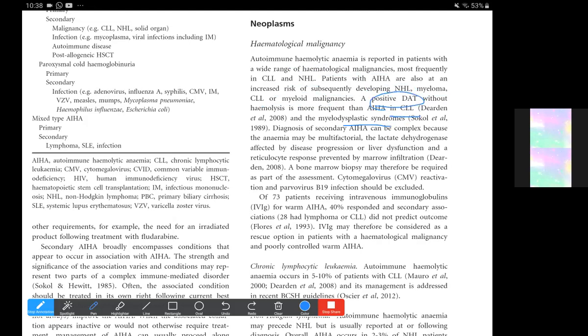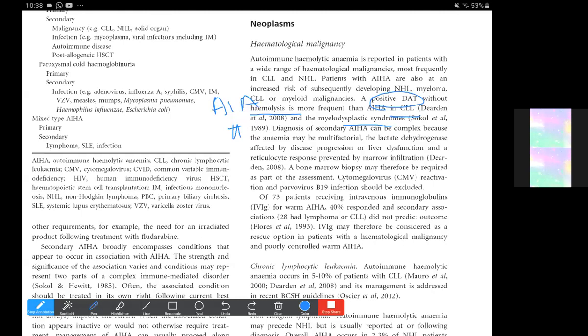So there will be an autoimmune component there, but hemolysis may not be more frequent. There could be a positive DAT without hemolysis in these cases. So we can say that there is autoimmune anemia in these cases, but the hemolytic component may often be missing in myelodysplastic and CLL conditions.